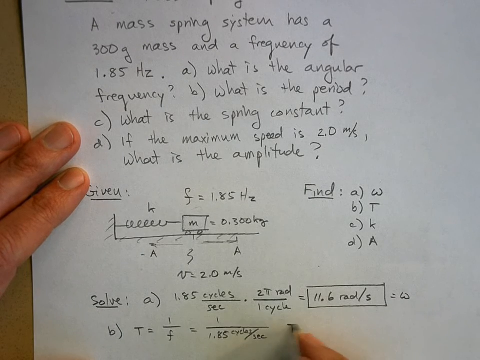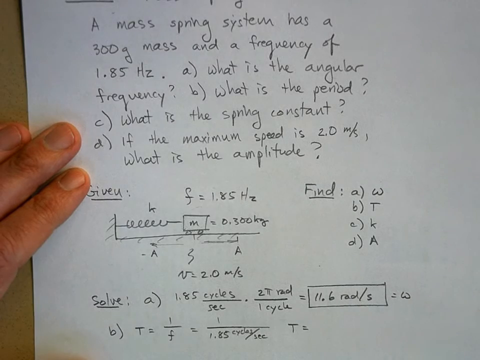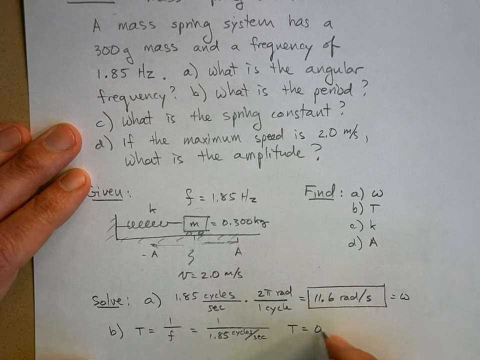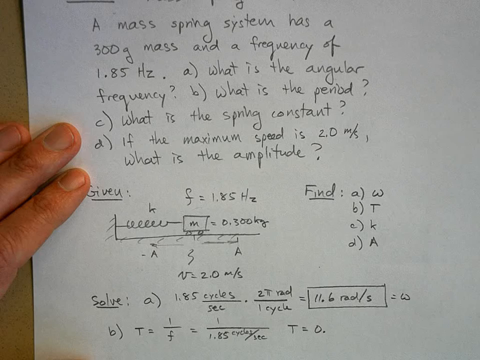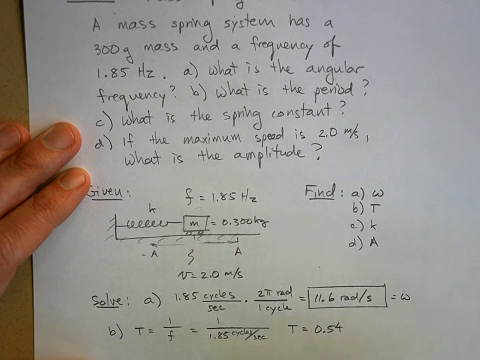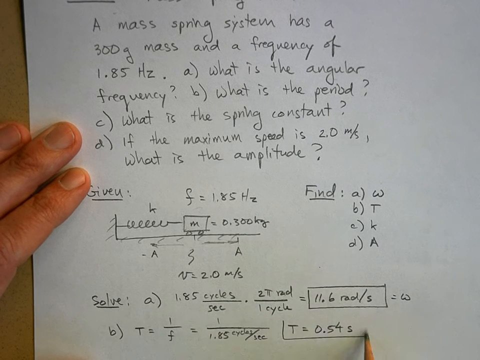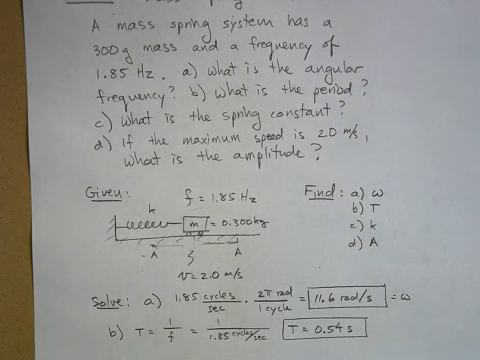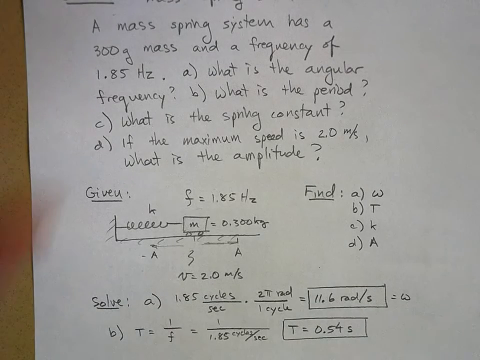And so the period of this oscillation is going to be 0.54 seconds per cycle. I'm just going to call it seconds. But it takes 0.54 seconds to go through one complete cycle of the oscillator. Okay, that makes sense to everybody? Hopefully these two were quite easy.